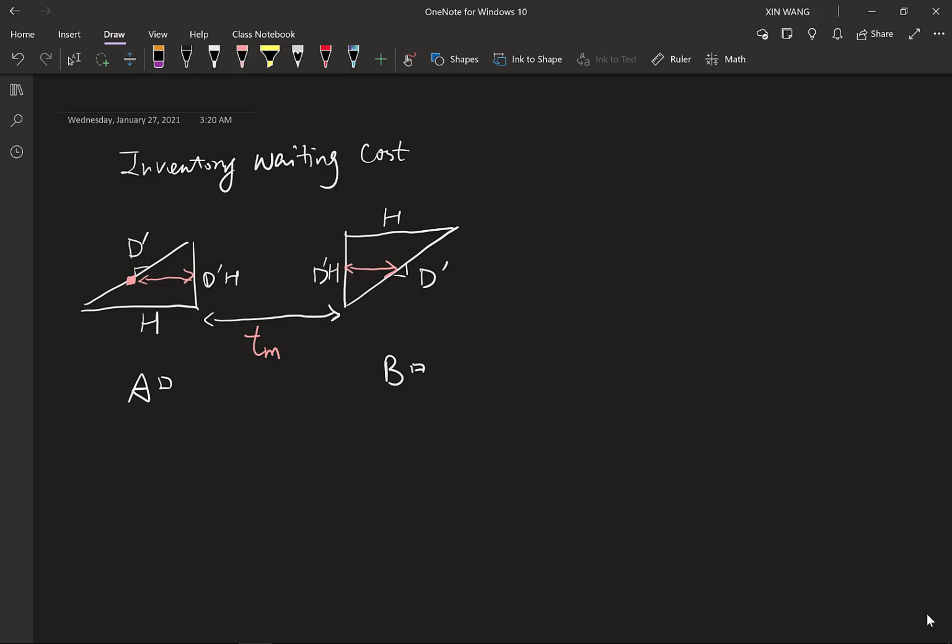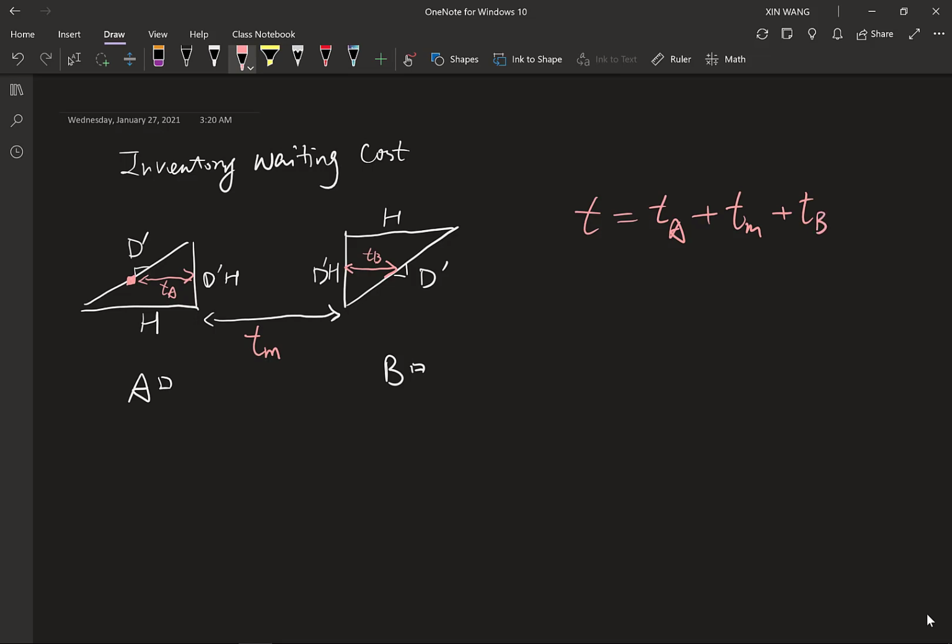So you can see each item spans Ta, Tm, and Tb. So the total time spent by each item, T, equals Ta plus Tm plus Tb.